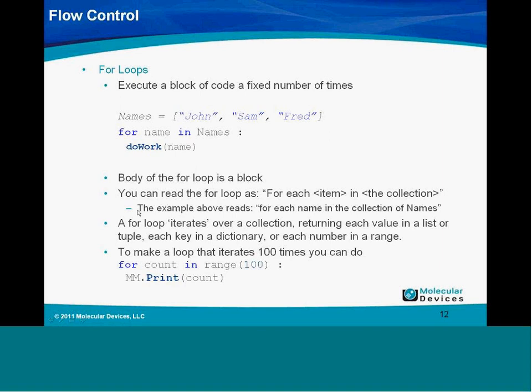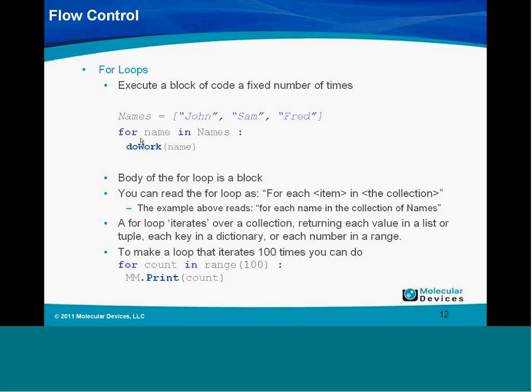So in this case, the body of the for loop has to be a block. You'd read it as for each name in the collection of names, do this. So a for loop iterates over a collection, returning each value in a list or tuple, each key in a dictionary, or each number in a range value.